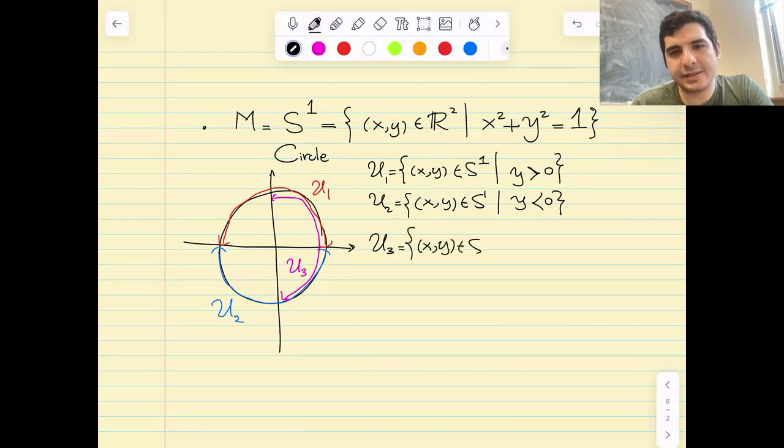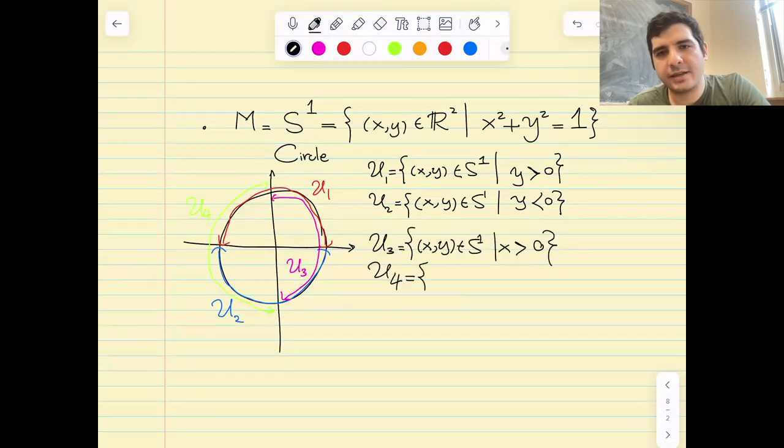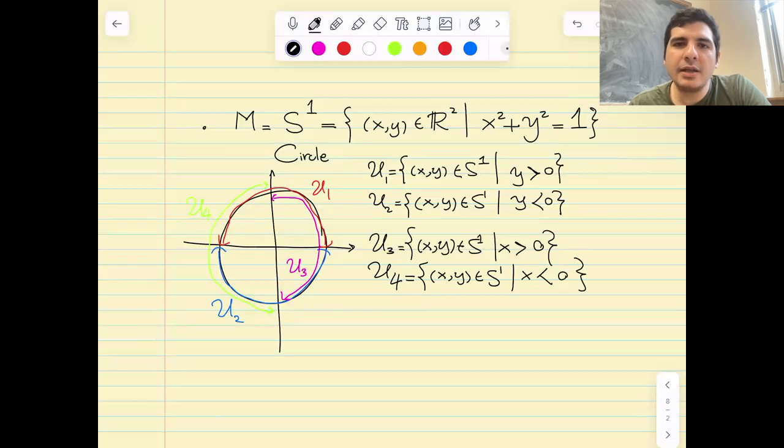This is not unique. This is how I'm picking my atlas. Define U3 to be the set of points in the circle where x is positive, and U4, this green part of the circle, the set of points x and y in S1 where x is negative. Now we cover the whole circle.